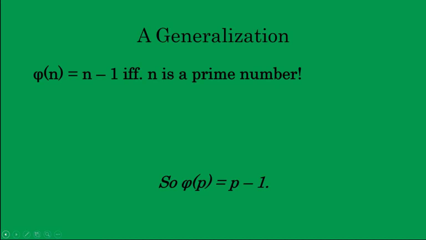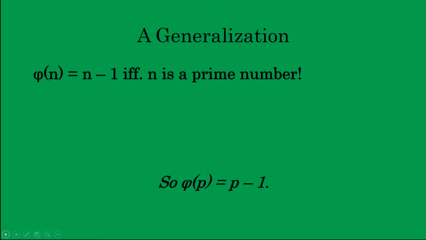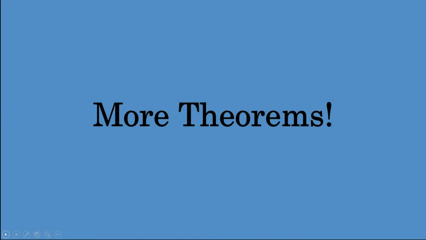And even 1, we count as being co-prime to everything. The only reason we're subtracting 1 is because no number is co-prime to itself, or else that wouldn't make any sense. So phi of p equals p minus 1, as a generalization.